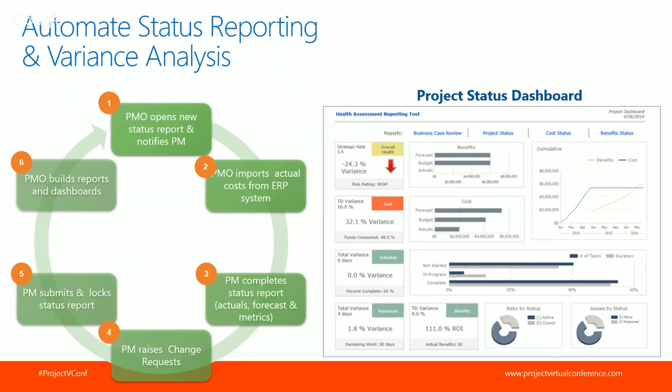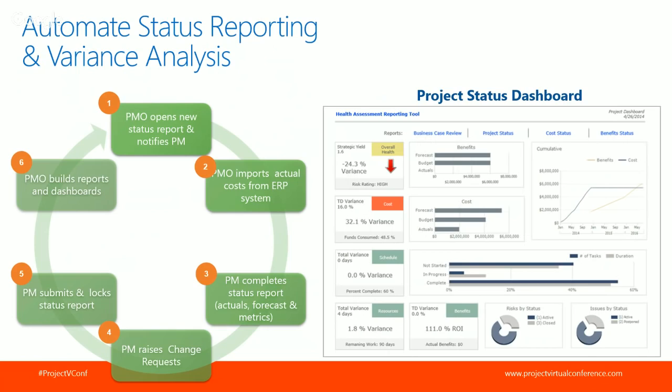So the ability for the PMO to automatically open a status report, notify the PMs that the report needs to be completed, and look to reconcile information from other systems. Actual costs, 9 times out of 10, exist in the ERP system, so being able to pull that into the Microsoft PPM platform and have that automatically displayed within the status reporting is key. The PM can then complete the actual costs for that period, as well as capture that all-important forecast information to derive variance analysis.